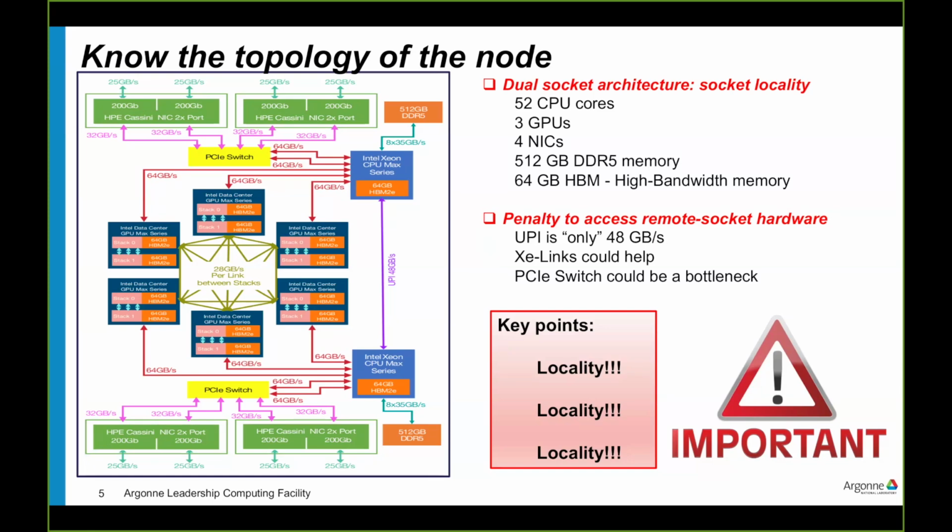So strictly speaking, the term node is used by the scheduler. This is the minimum piece of hardware that the scheduler provides you as a user for a job.